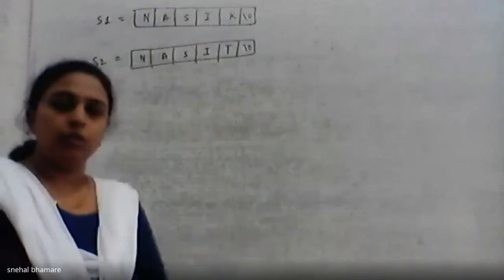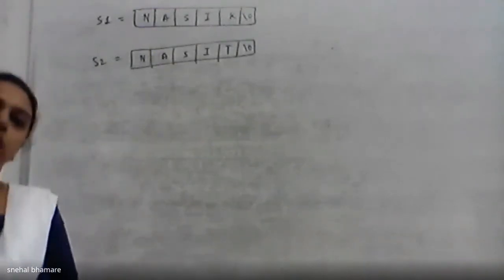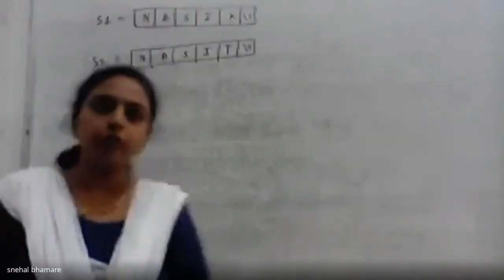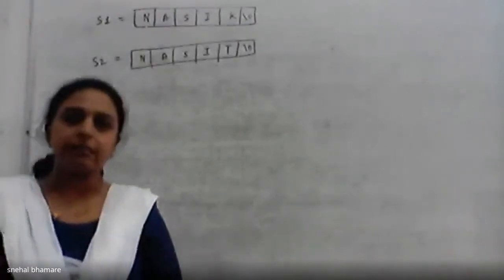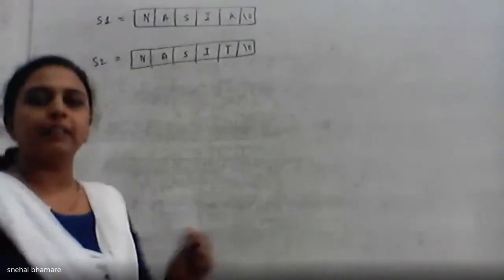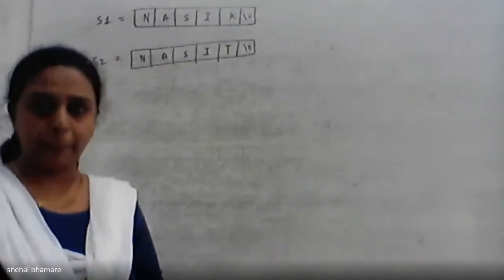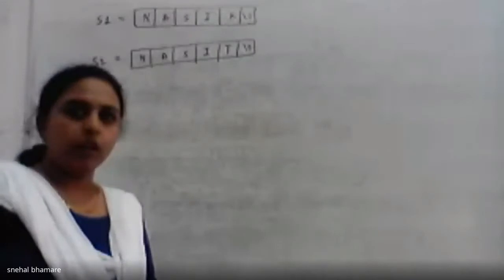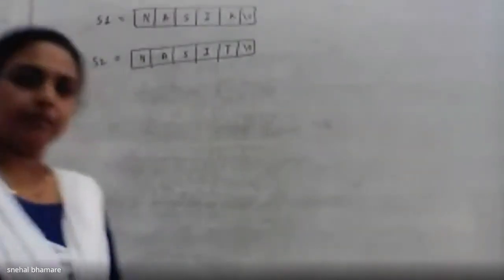Okay. Now I have to compare these two strings. How are you doing the comparison? What will you do? I want input from your side. Please unmute your mic and tell what we should do to compare the strings. How will we do it? You can unmute your mic and speak.